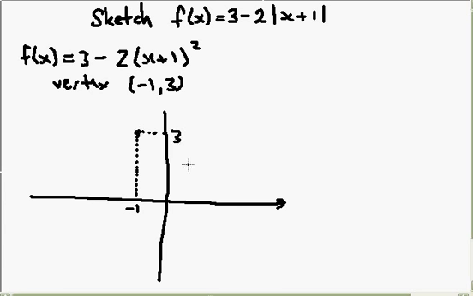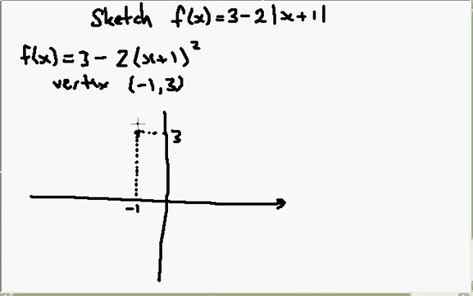Okay, so whenever you've got one of these situations, you can immediately say exactly where the vertex is. Now, because we have a negative in front of the modulus sign, in front of the x, effectively, that means it's going to be a sad face, much like a parabola would have been. So that means it is going downwards.